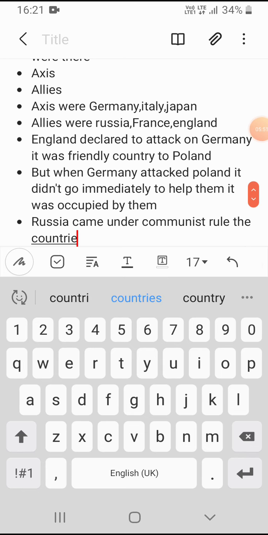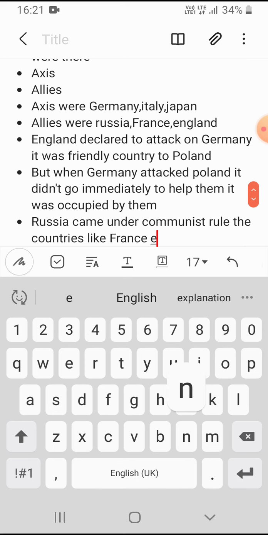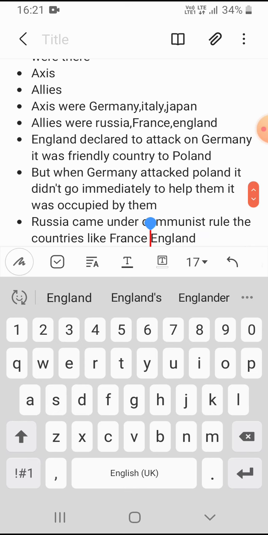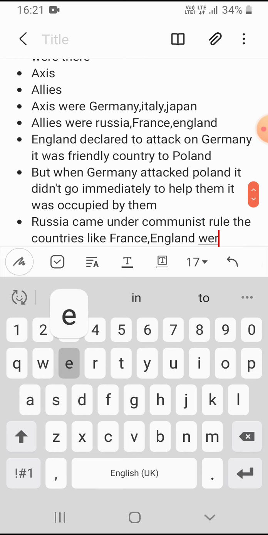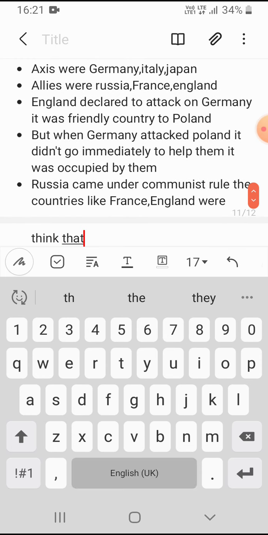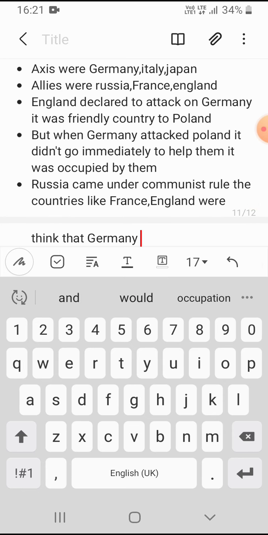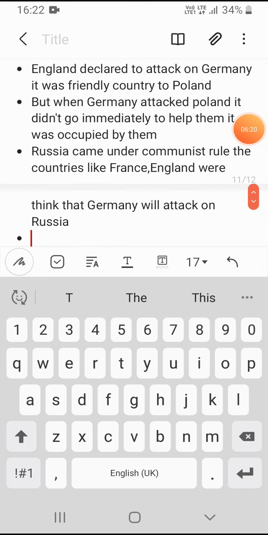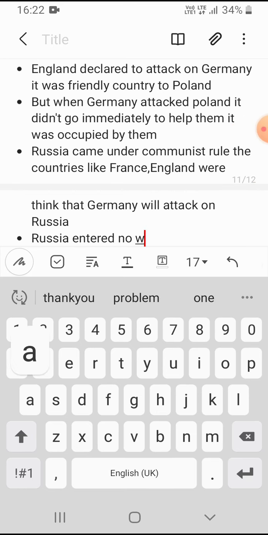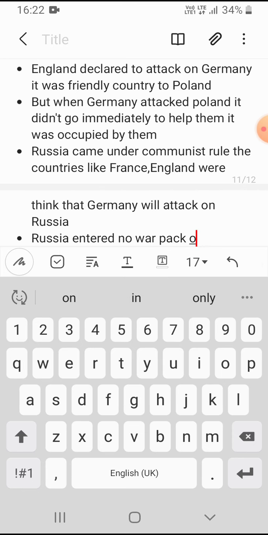Countries like France and England were thinking that Germany would attack Russia.